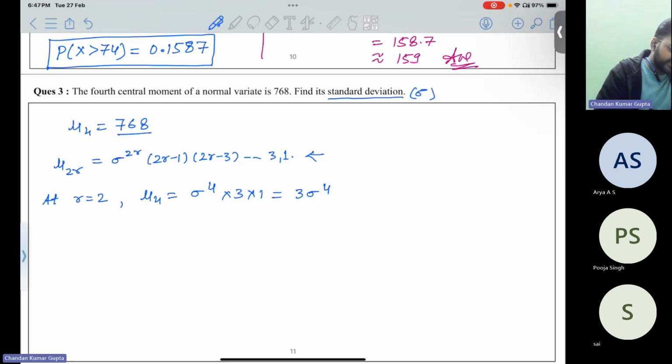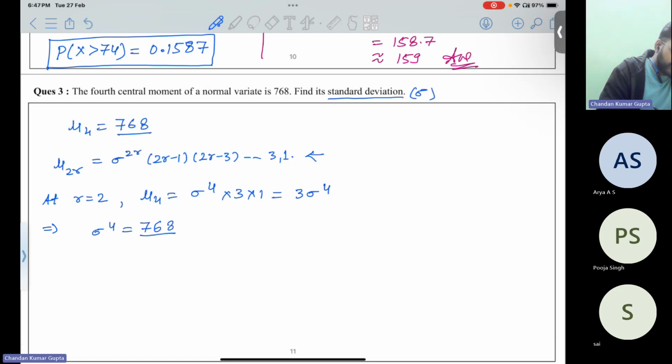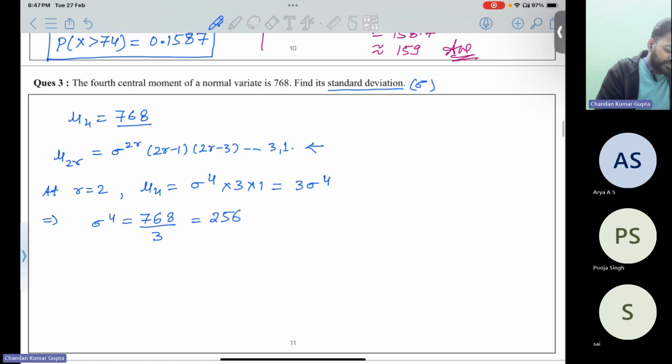And mu4 is 768. This implies sigma power 4 equal to 768 divided by 3, which is equal to 256. So it is sigma power 4.